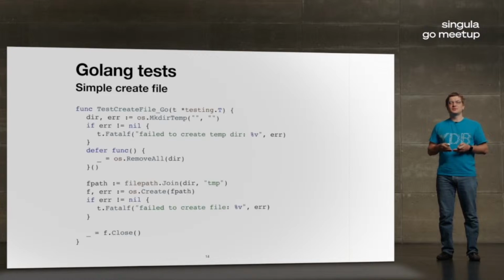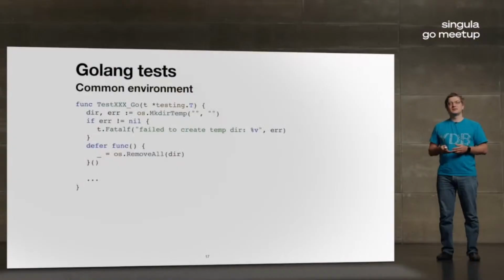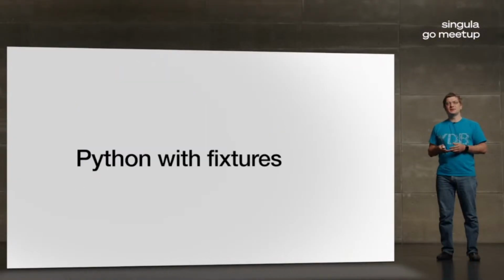The common part of the tests is creating and removing the temporary working directory. It would be fine if we moved that code out of the test code. We talked about a simple Go test. Then I will show the same tests in Python with fixtures.